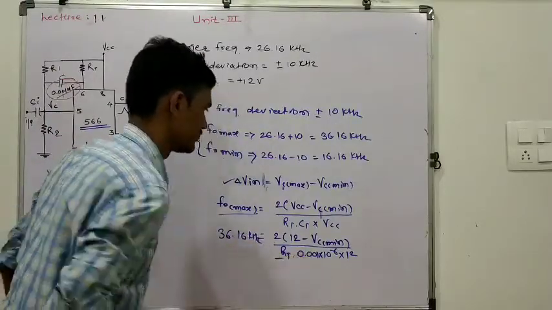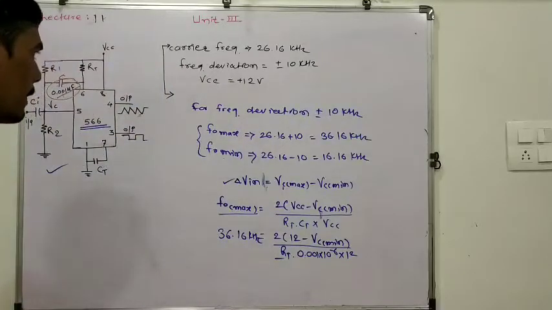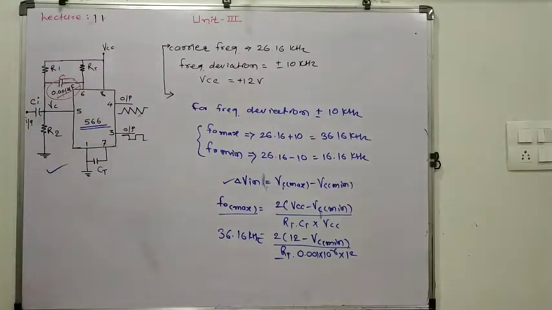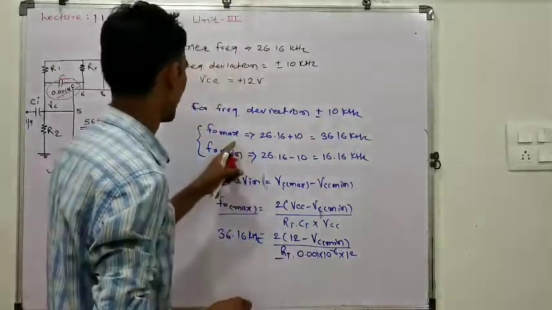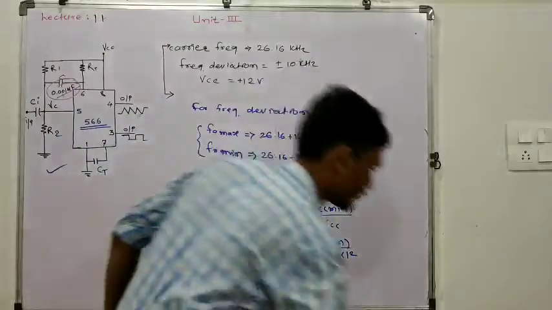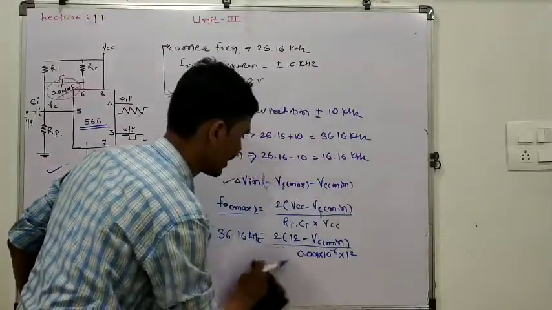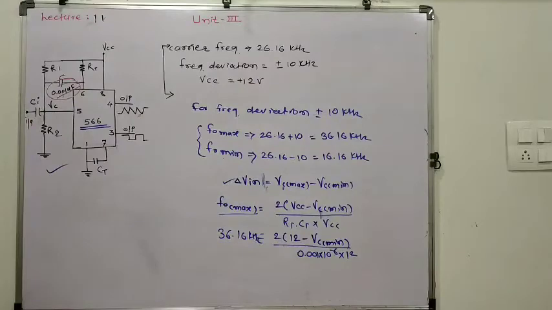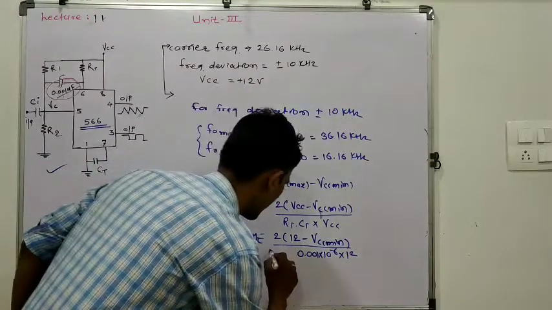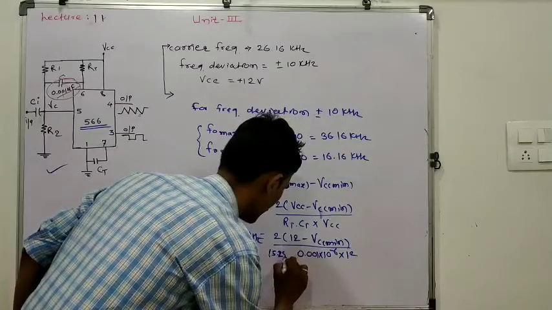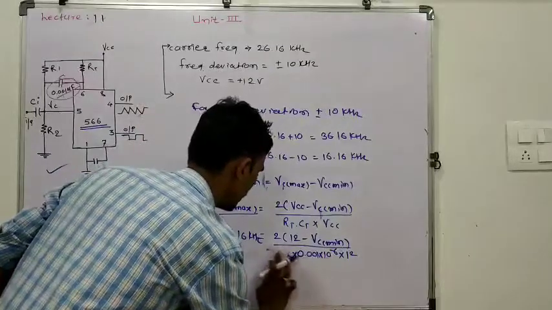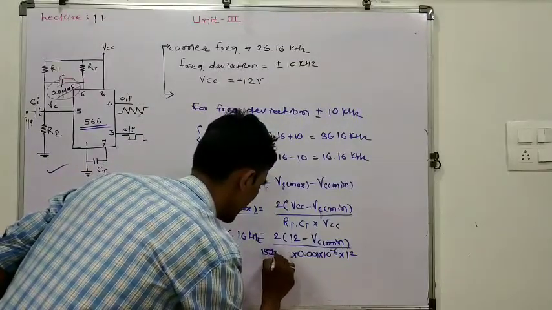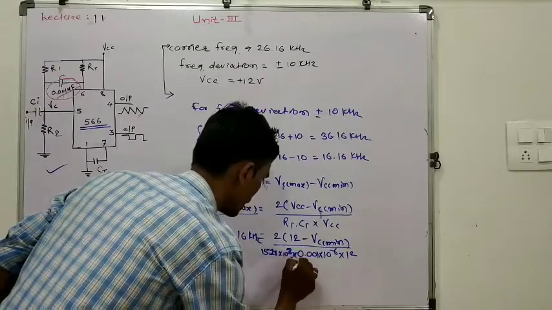So from this, again here Vc min and Vc max, we have already calculated RT. The value of RT is 15.28 K, that is kilo ohm, so 15.28 into 10 raised to power 3 multiplied by this.